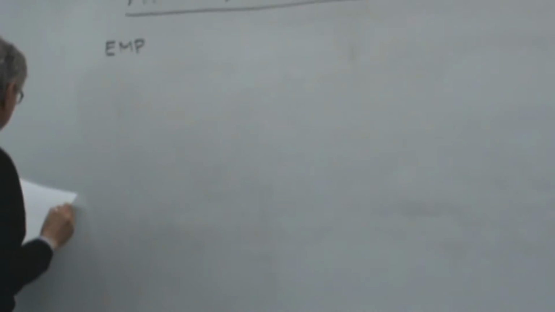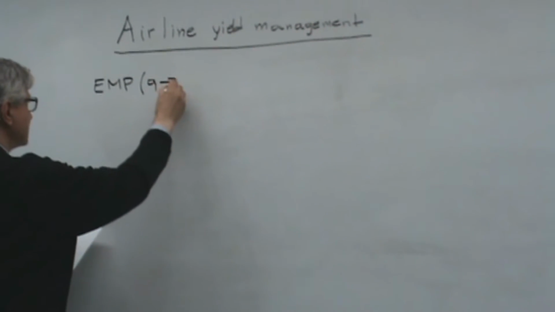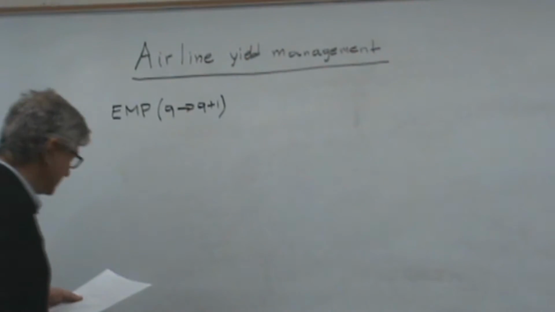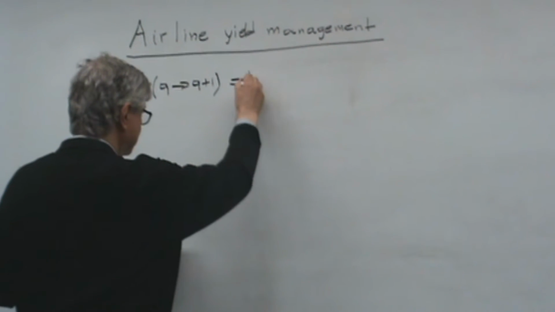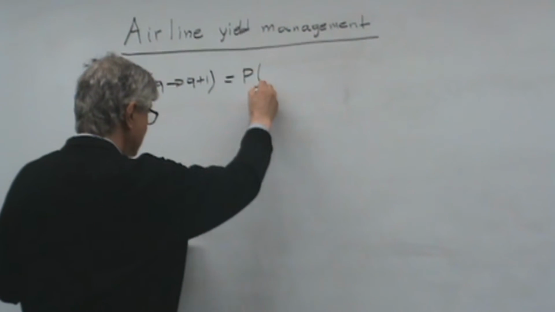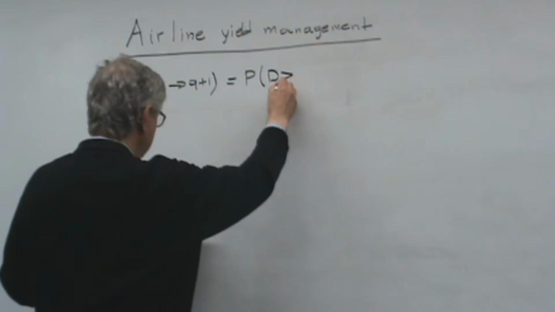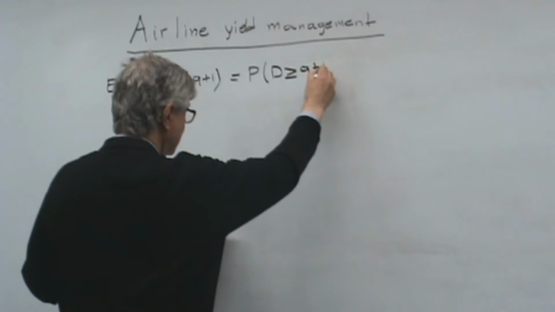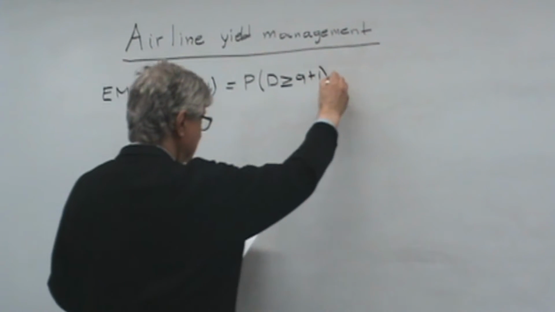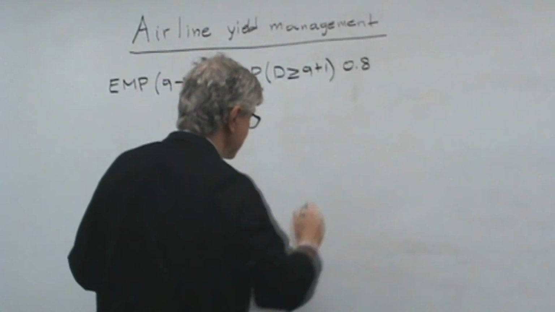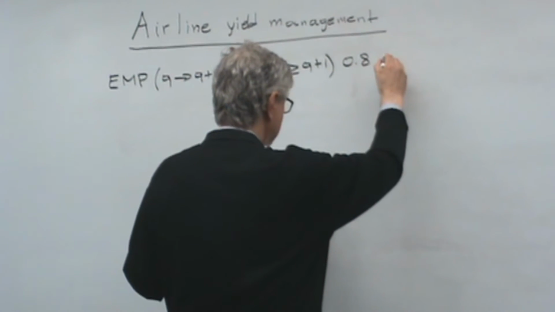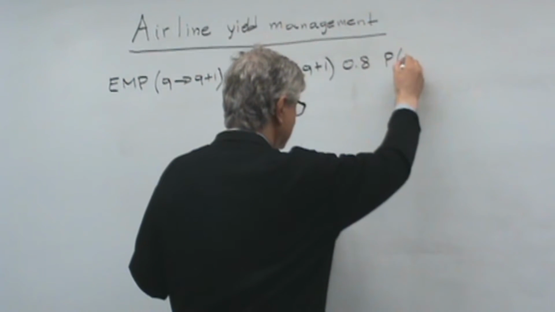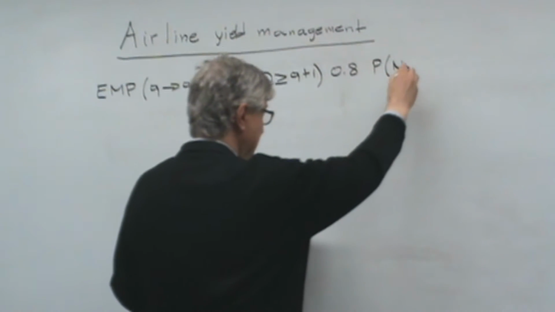So EMP, the expected monetary profit, if we go from Q reservations to Q plus 1, is equal to the probability that the demand is greater than or equal to Q plus 1, times 0.8, which is the probability that the customer will show up, times the probability that NQ is less than 32.